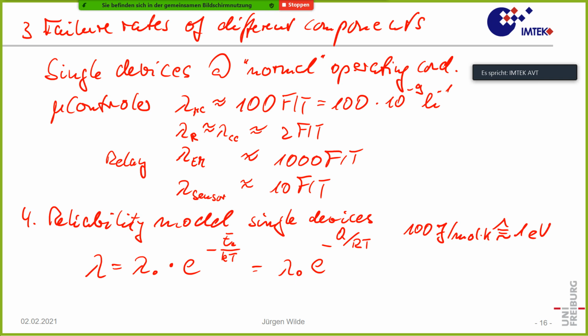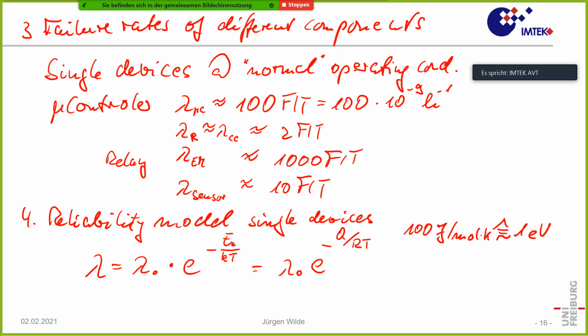So we have a good guess. And it is very good to keep in mind when we are around 120 or so degrees centigrade, which is a typical upper limit for microelectronics, and we have 1 electron volt, that means the failure rate will double.